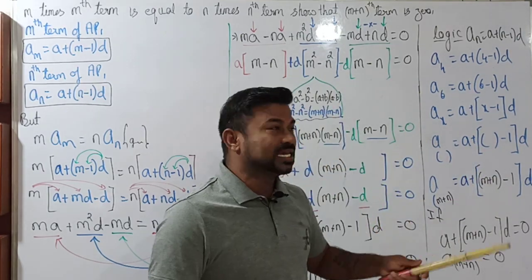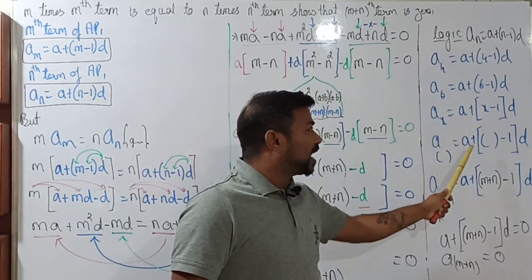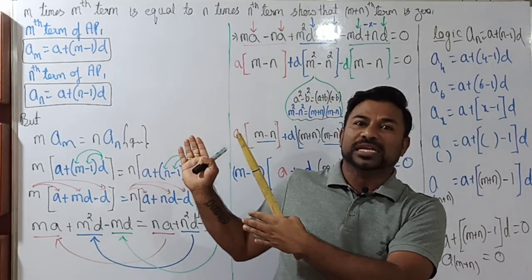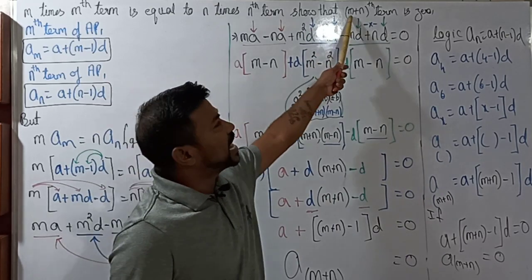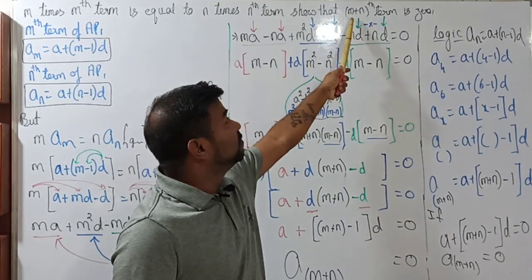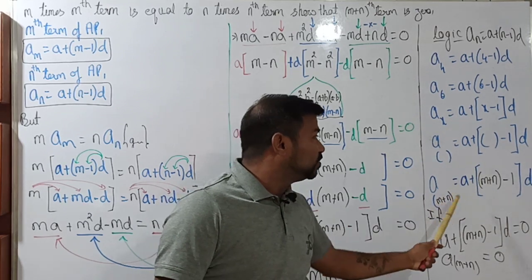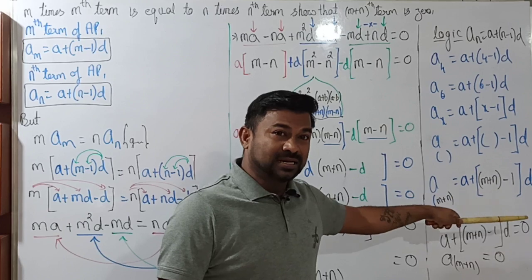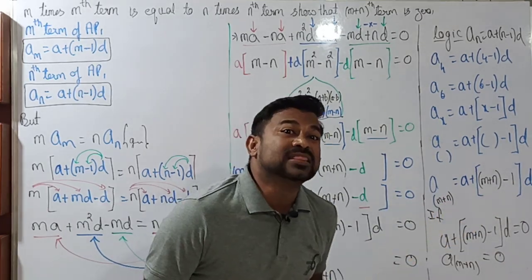What I mean is, whatever we keep inside a's bracket goes in the formula. So the (m plus n)th term means, if you keep m plus n in the bracket, the same thing goes here: a plus (m plus n minus 1) into d is nothing but the (m plus n)th term.